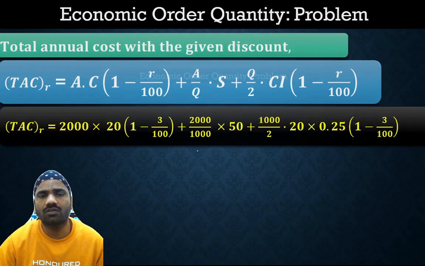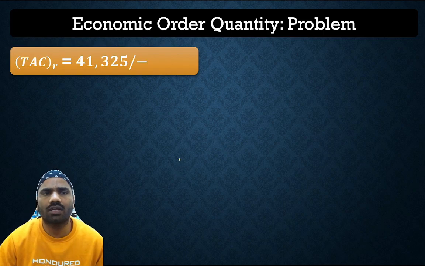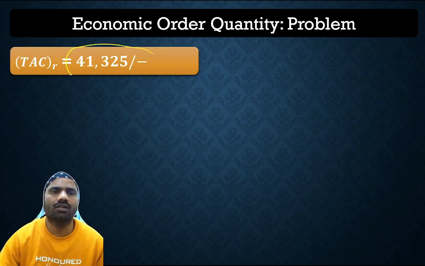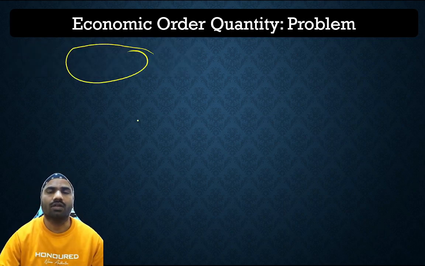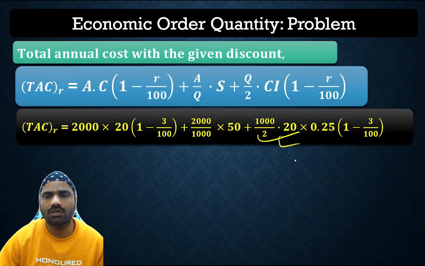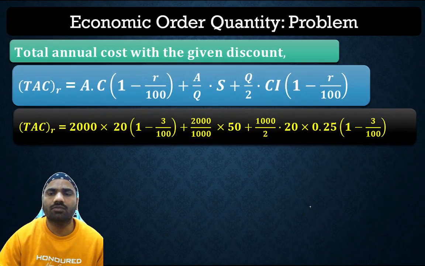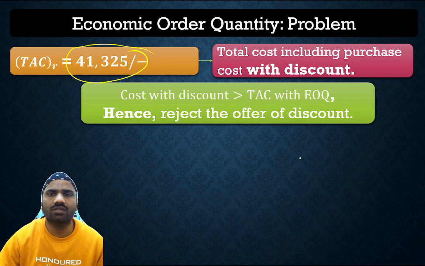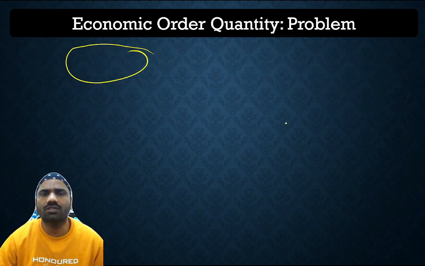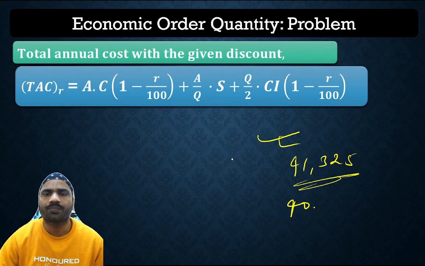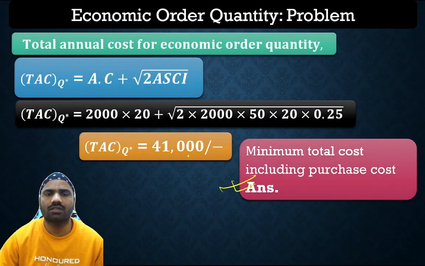After solving, we will see that the value of total annual cost after discount is 41,325. But the minimum cost we have seen over there is 41,000.